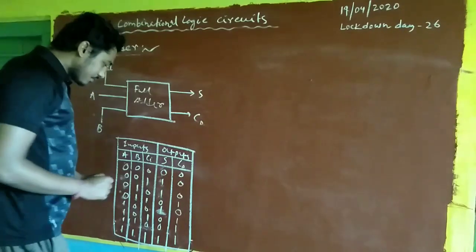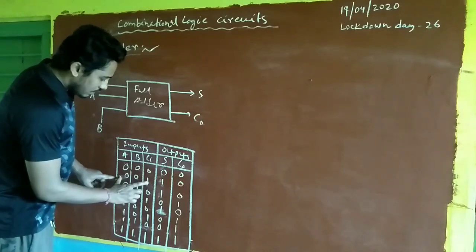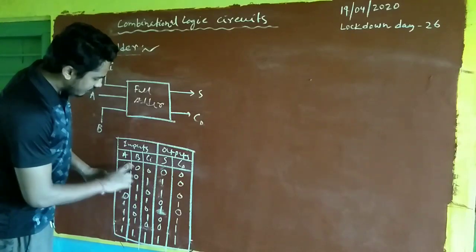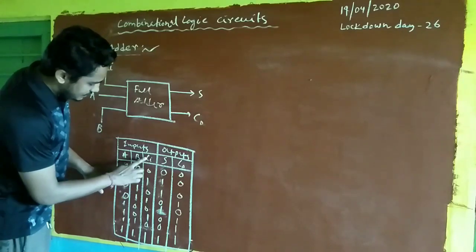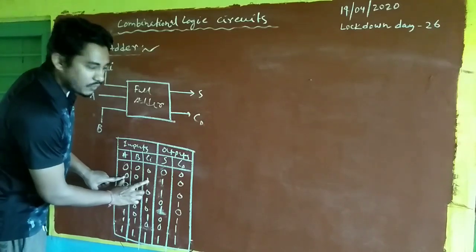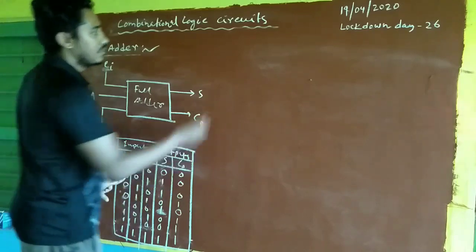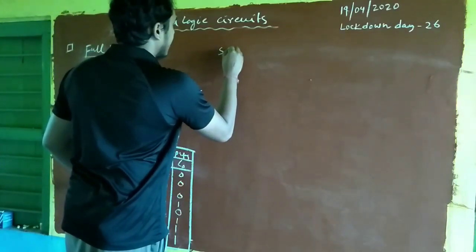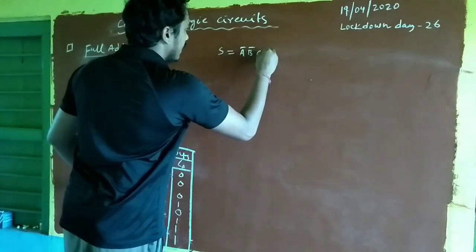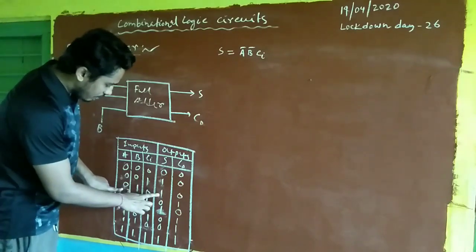Now for this one, what is the input combination for the corresponding one? It is 0, 0, 1. That means A is 0, B is 0 and Ci is 1. So how to write the product term? It is A bar, B bar and Ci. So I am writing the logic expression, that is S is equal to A bar B bar Ci. This is for the first one. Now for this one, what are the corresponding input combinations?